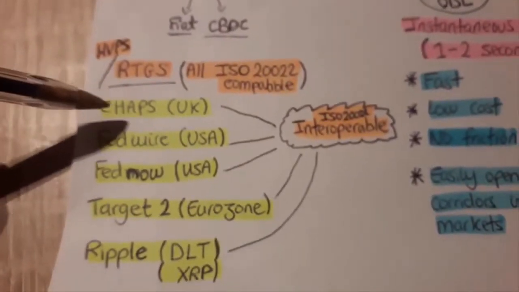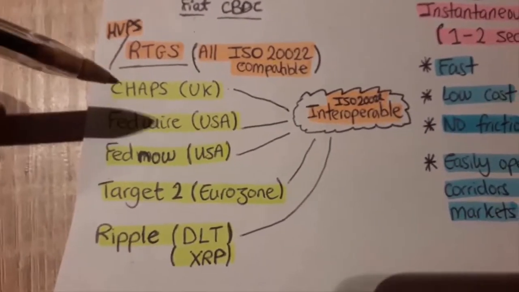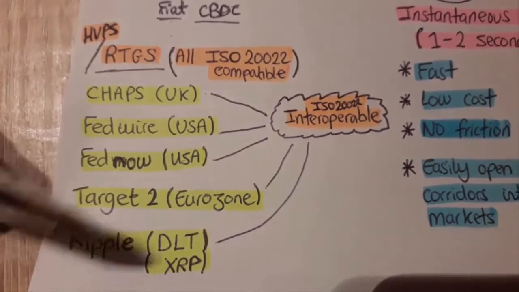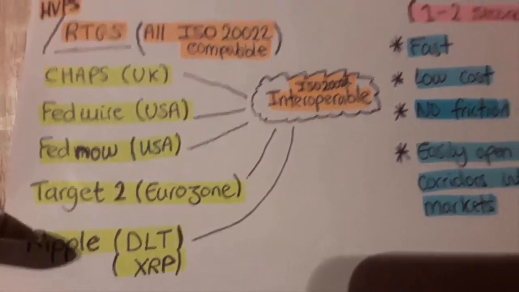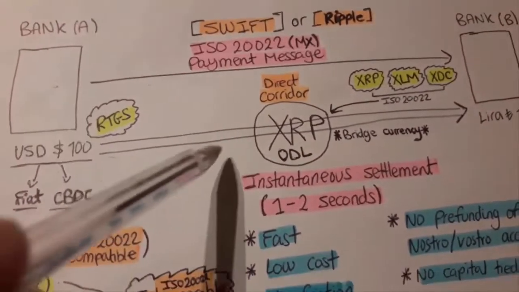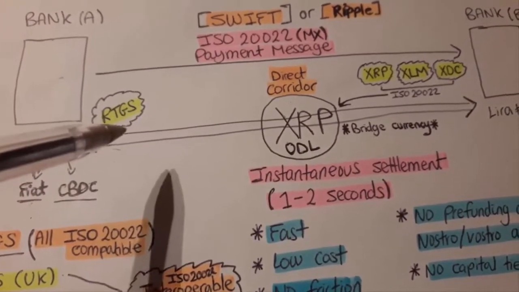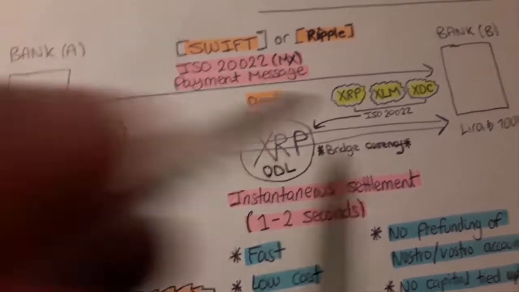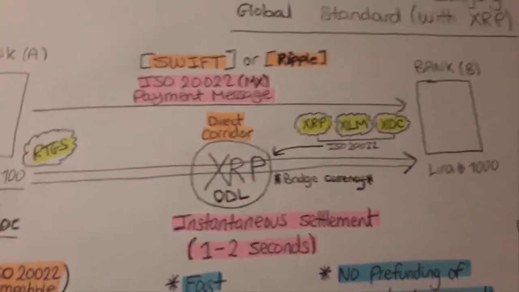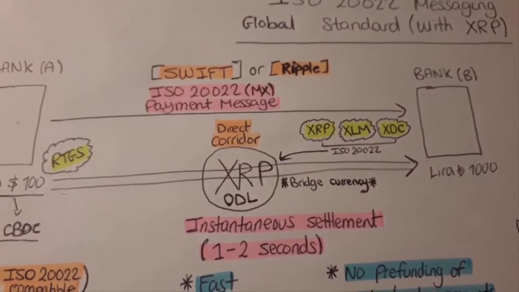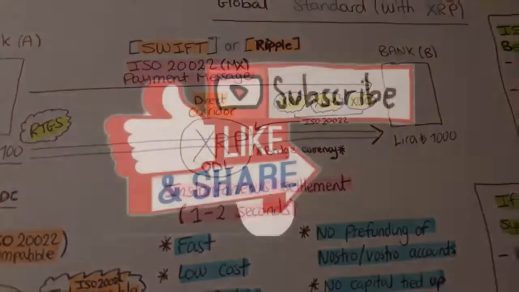And as all these RTGS systems will be ISO interoperable at different times, once they all become on board, then they are all interoperable with the Ripple ledger, and the XRP ledger can connect to the bank's RTGS, or they can use the XRP RTGS instead of their RTGS to send payments over for instantaneous 1 to 2 second settlements, and it will just save them time, hassle, and they won't have to deal with nostro-vostro pre-funding.